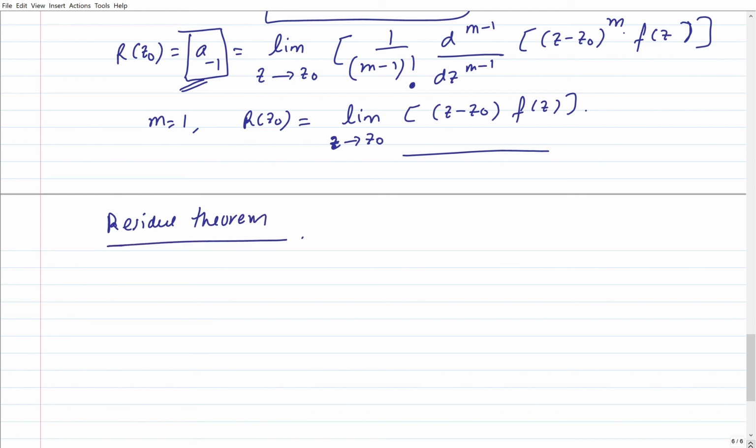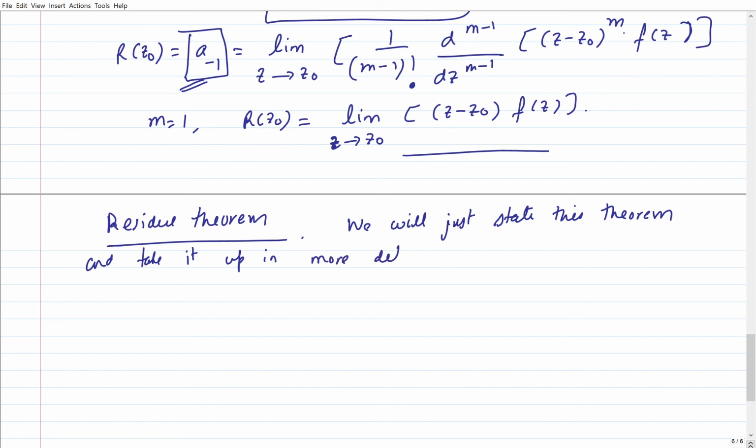We are going to see the proof and the applications of it in the next lecture.